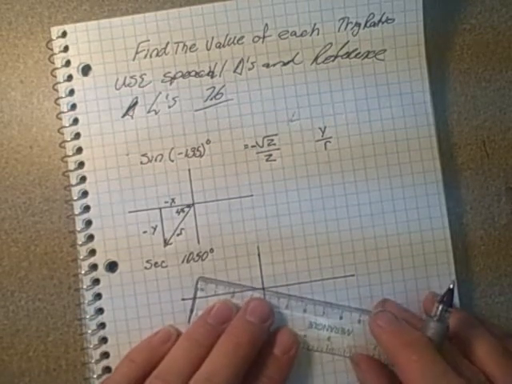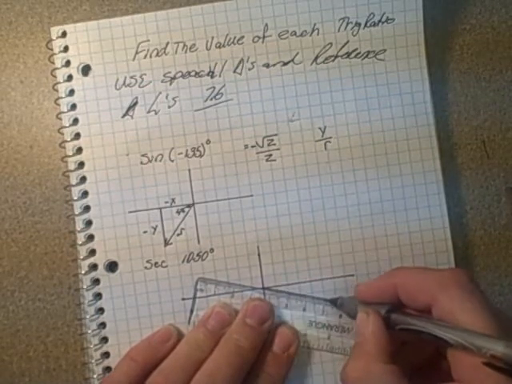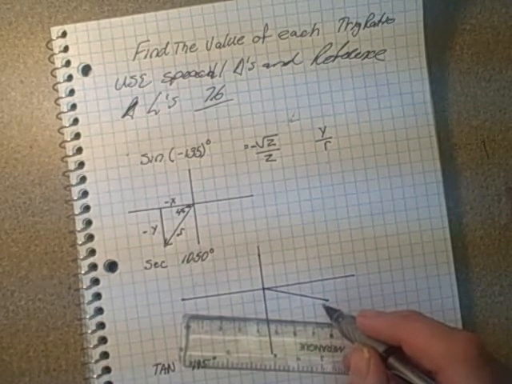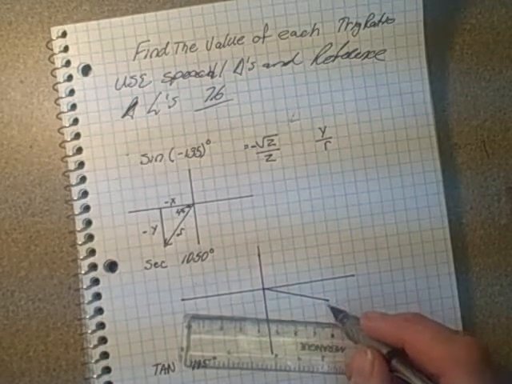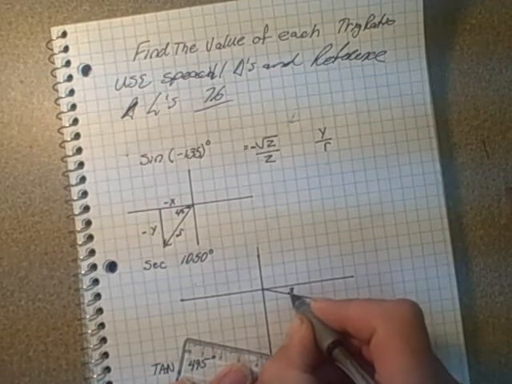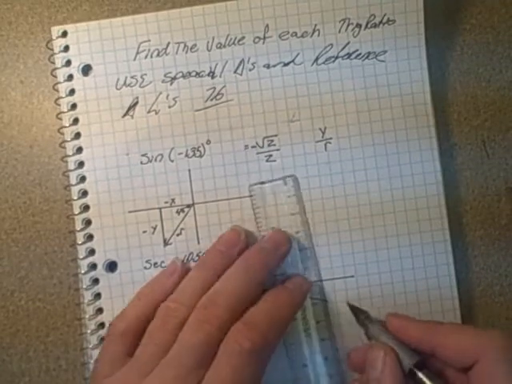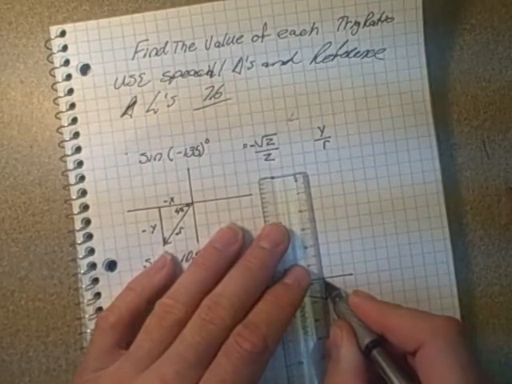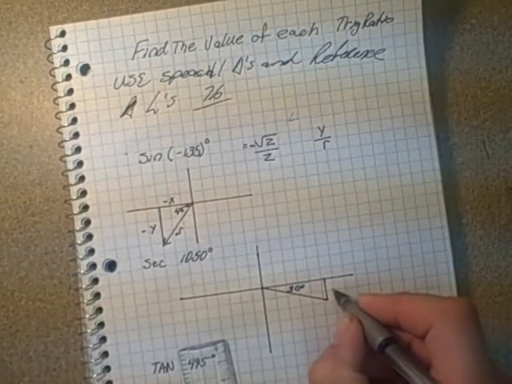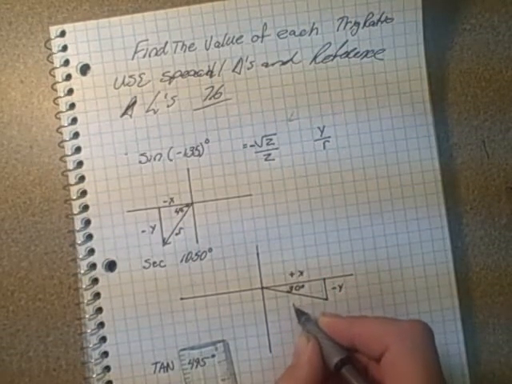So we know that it's going to be here. 1080 back to 1050. Well, we can analyze that. That's 30 degrees right here. There's our reference angle with the x-axis. Put in our triangle. So we know that this is negative y, positive x, and that r is always positive.